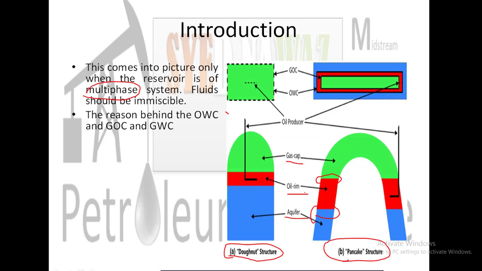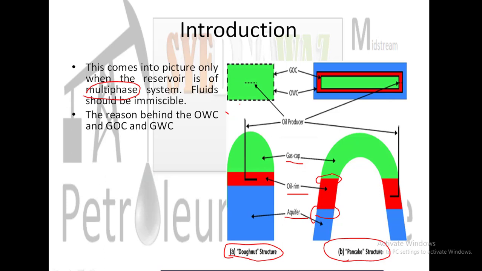The reason behind these contacts is surface tension and interfacial tension. There are some other parameters considered as reasons behind the gas-oil and oil-water contacts, but these are considered the main reasons.